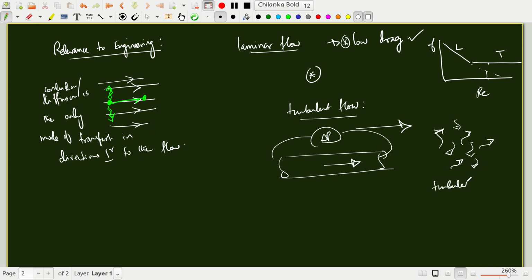These are called turbulent eddies. These turbulent eddies will help in transporting. Suppose I put a piece of dye, as in Reynolds' experiments, it will be very vigorously transported to various parts of the flow due to these fluctuating turbulent eddies, and therefore turbulent flows are characterized by very good mixing.